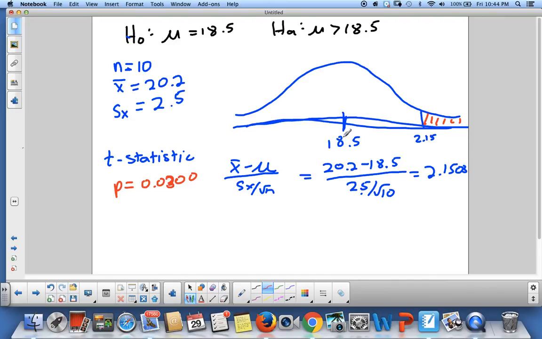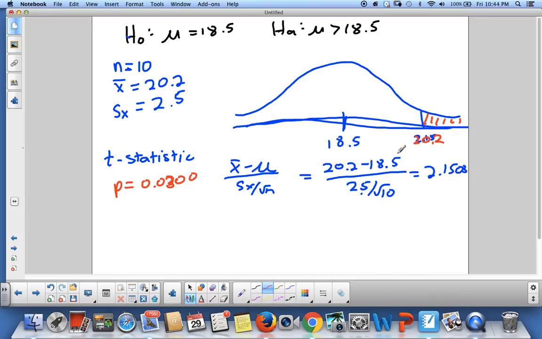If this were the true mean, we would get a number this big only 3% of the time, so 3 times out of 100. Remember, if we took a different group of 10, we'd get something over here, maybe over here. Only 3% of the time will we get a number this big.